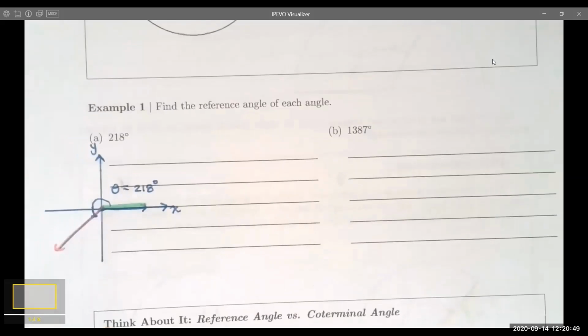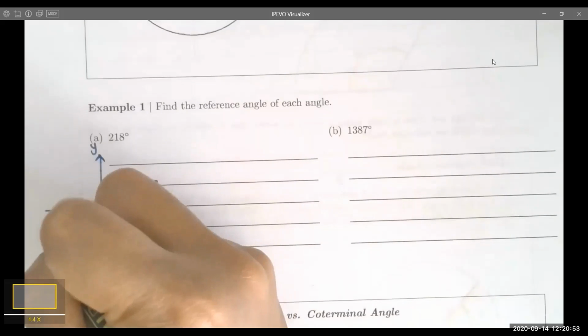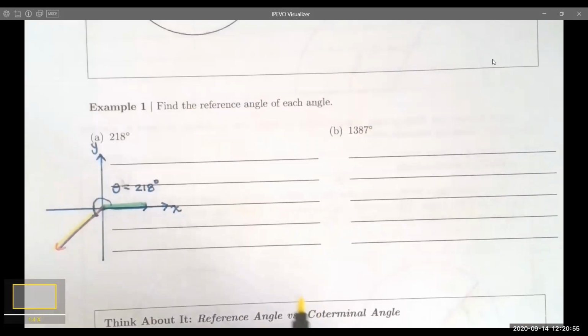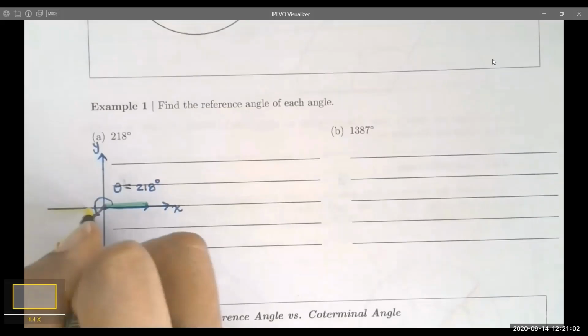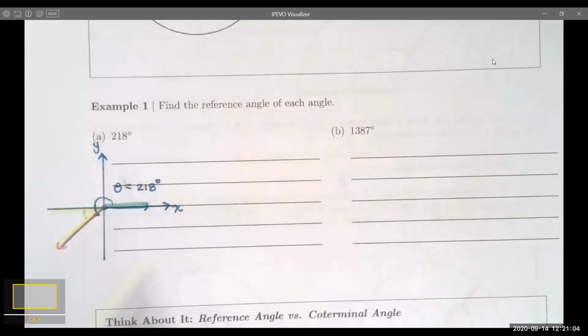Now to find the reference angle, let's remember the definition. The reference angle is going to lie between the terminal side and the x-axis, and it's going to form an acute angle. So here is the acute angle that gets formed between the x-axis and terminal side. We'll call it theta prime.